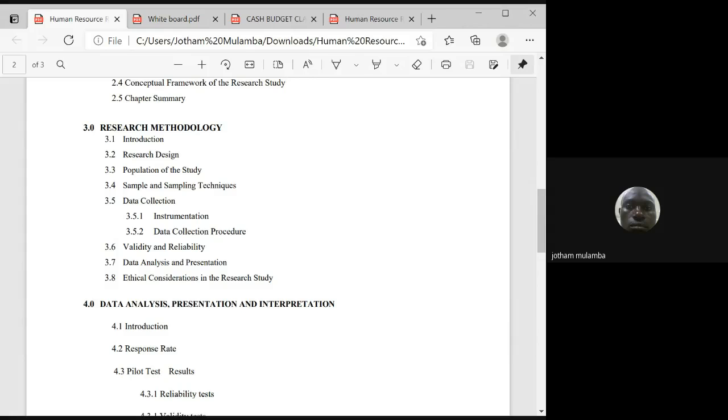So those are the subtopics within chapter 3. Once you have given that introduction, you go to 3.2, which is the research design.